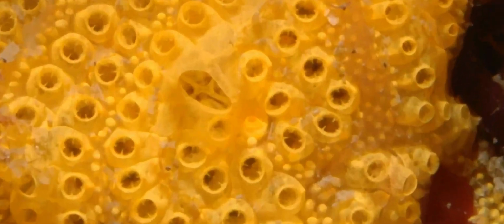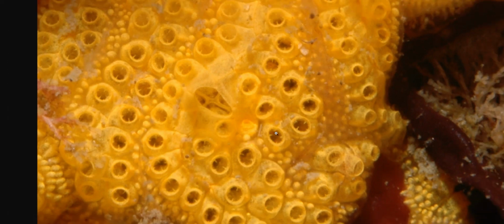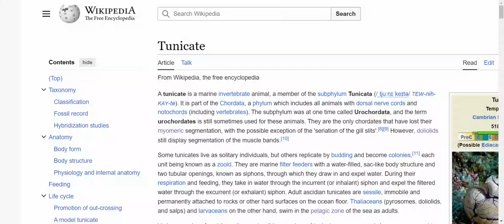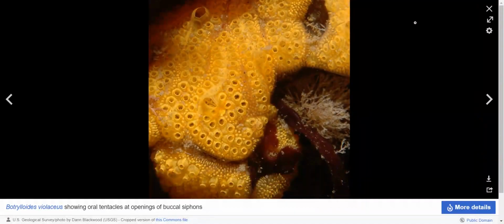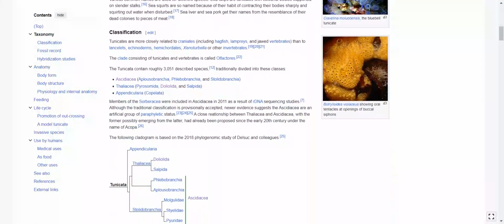Let me see if I can get this better quality. Not really. Yeah, I guess those are the tentacles at the buccal something. Fascinating, fascinating, fascinating. Oh my gosh, stop being zoomed in.